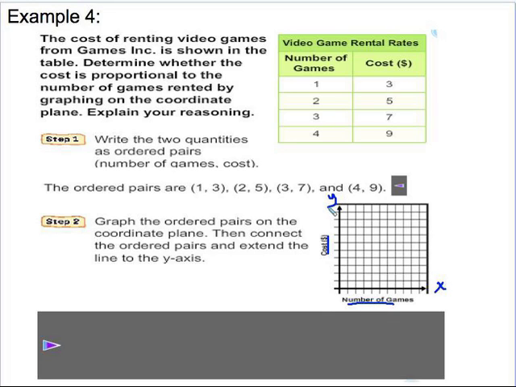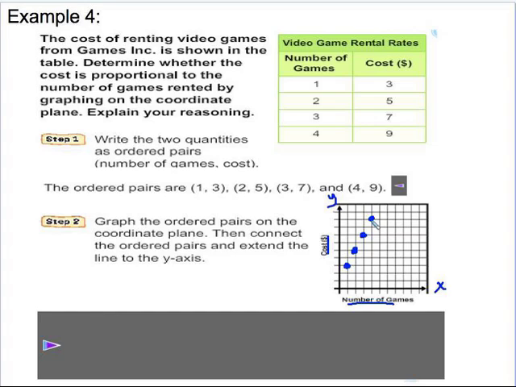So I've got x and y here. Luckily this time I can scale both of my lines by 1s, so I don't even need to write my scale down here. I know that 1 game costs $3. I know that 2 games cost $5. 3 games cost $7, and 4 games then cost $9.